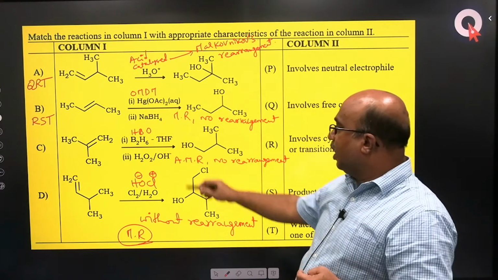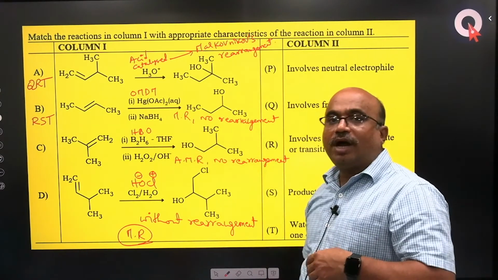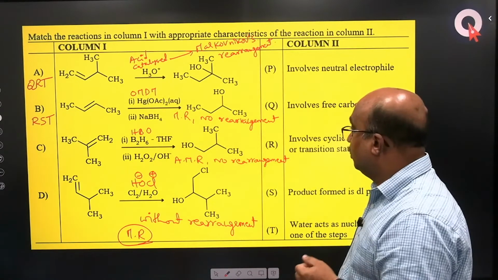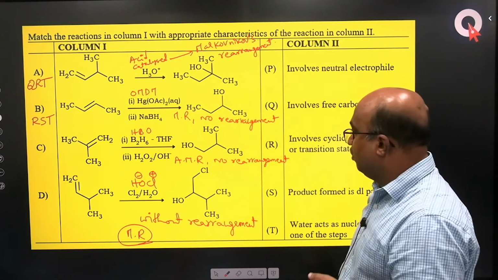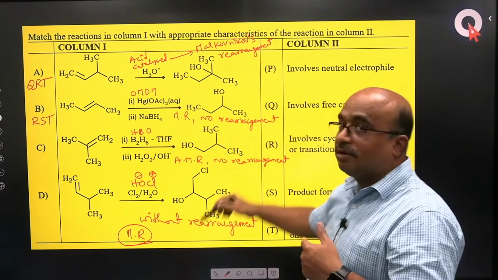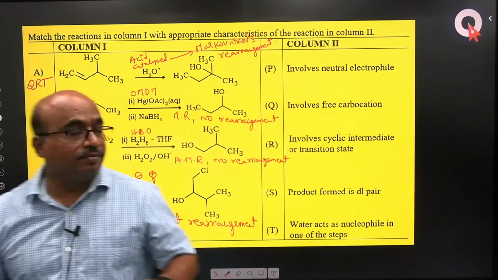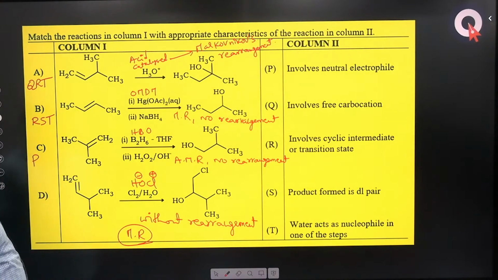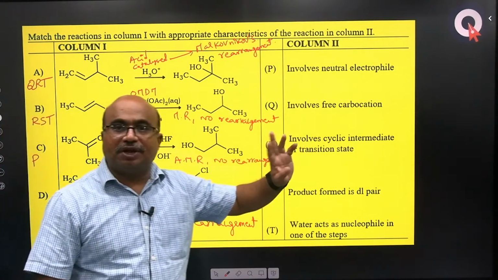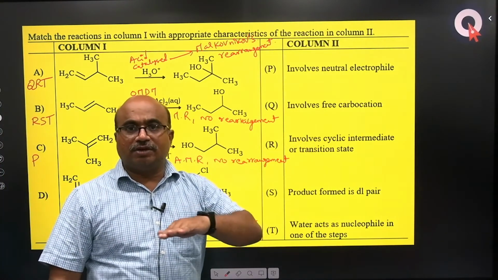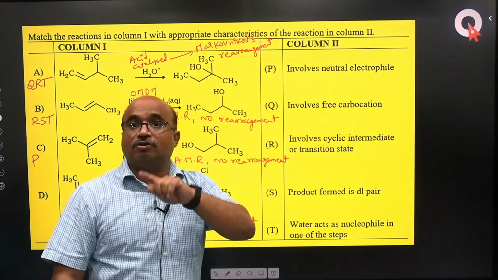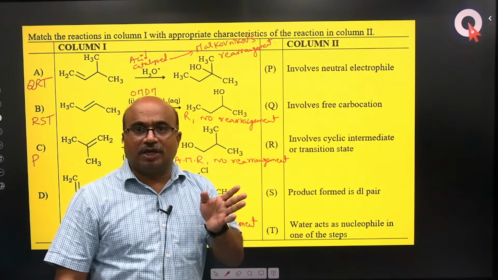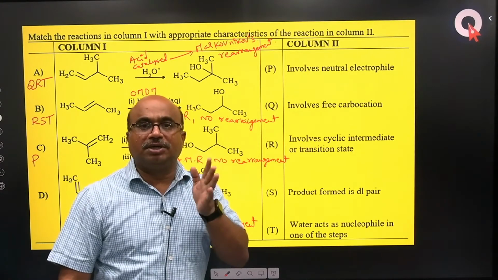Next, coming to the diborane, HBO, hydroboration oxidation. Diborane is a neutral molecule. So it involves a neutral electrophile. So this you will say P. It involves a formation of a free carbocation. No. The reaction doesn't go through the carbocation, because there is no rearrangement. If carbocation was there, then there is a possibility of rearrangement maybe.